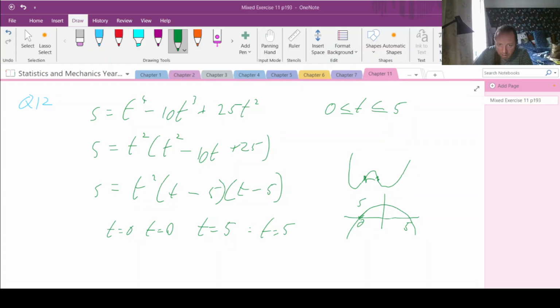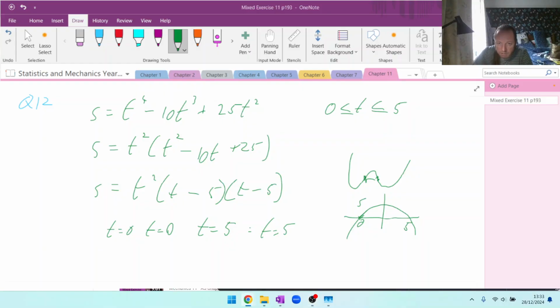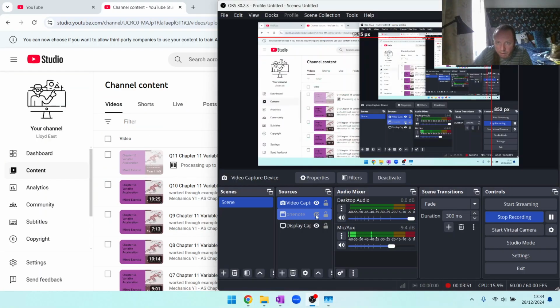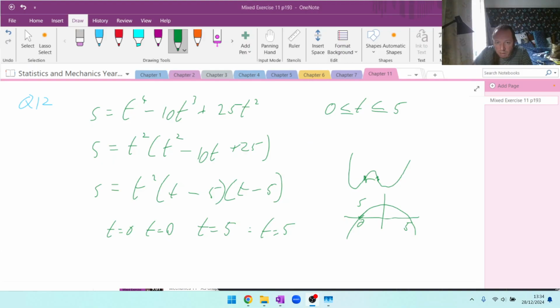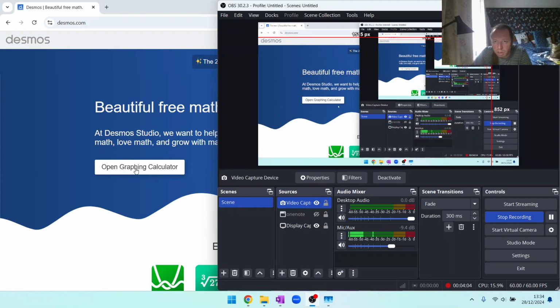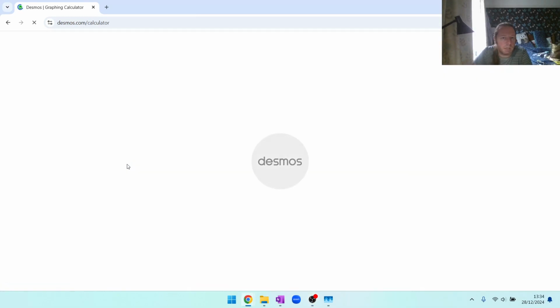Can I turn on that? Okay, so if we turn off this one, we change it into Desmos mode. Here we are.